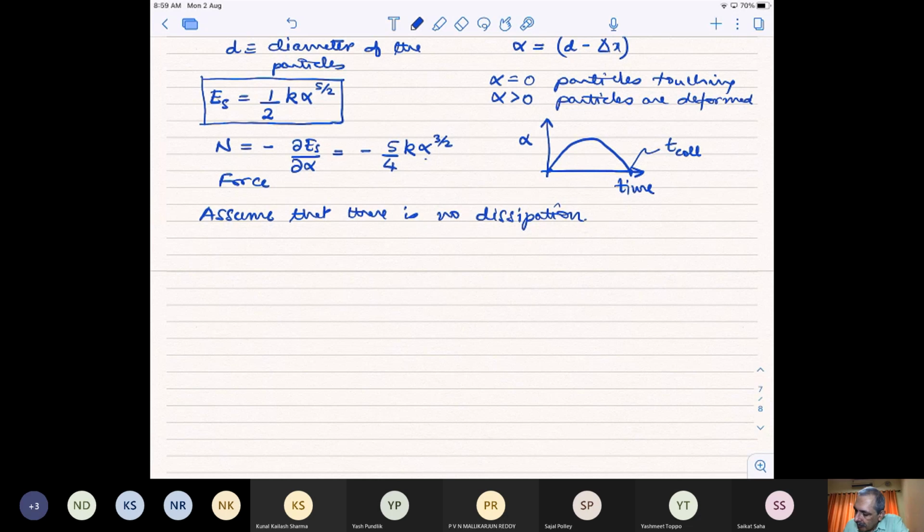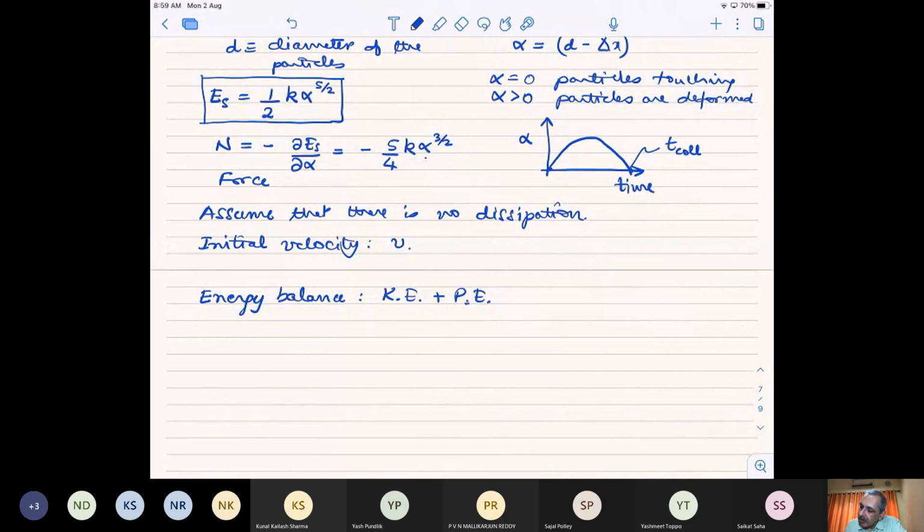If the initial velocity is v, then we can write down an energy balance, and the two energies that we have to consider are the kinetic energy and the potential energy.